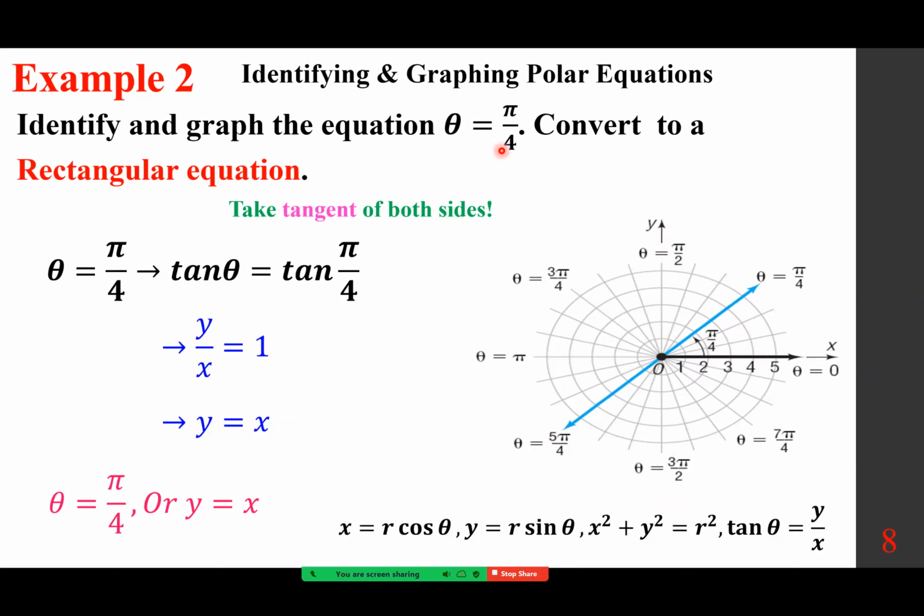So theta equals a number. When we are given the angle, it becomes a line through the origin. For example, if theta equals pi over 6, then this would be the line with the angle pi over 6.